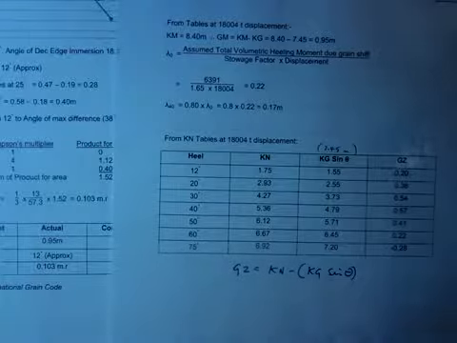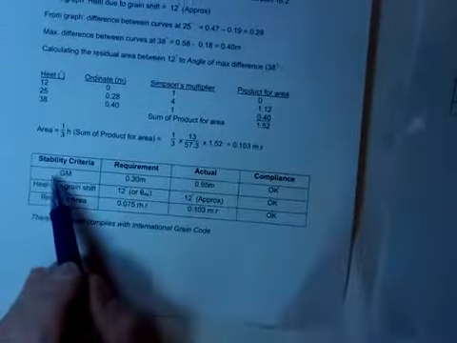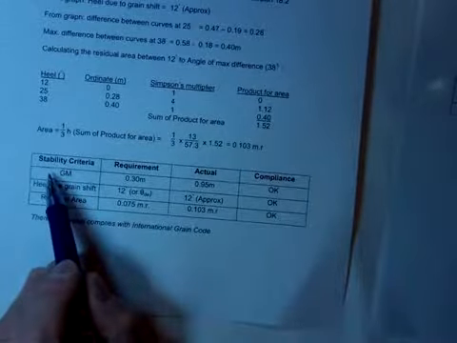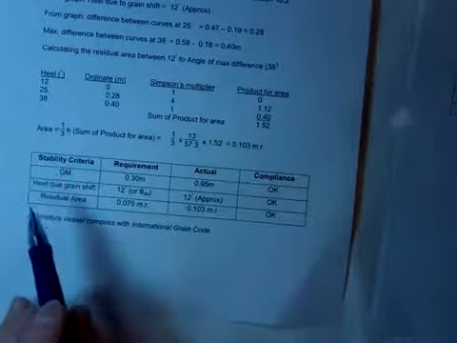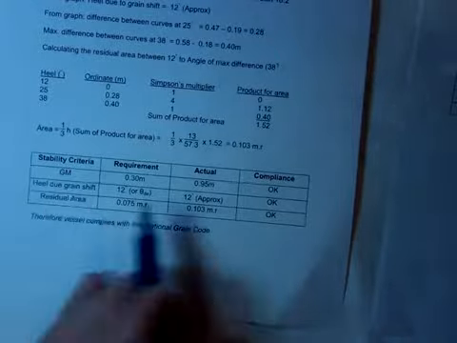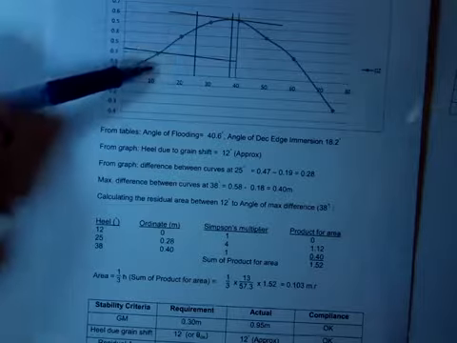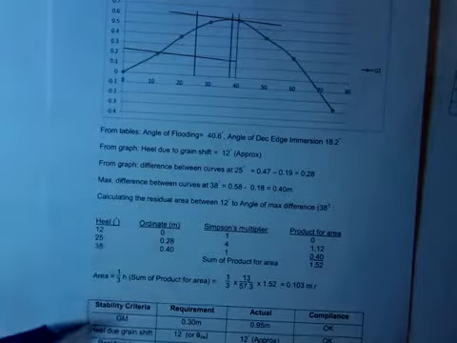So as things stand, the first two values, the GM, which we obtained with our final displacement, KM and KG, and our heel due to grain shift angle, which we got from the table here, we now know that the first two criteria are fine.